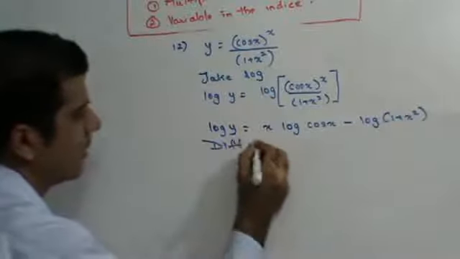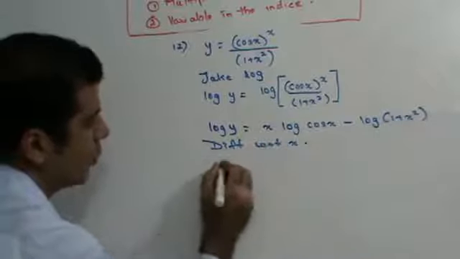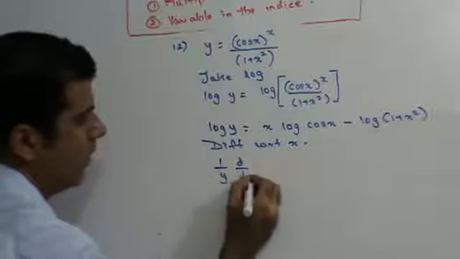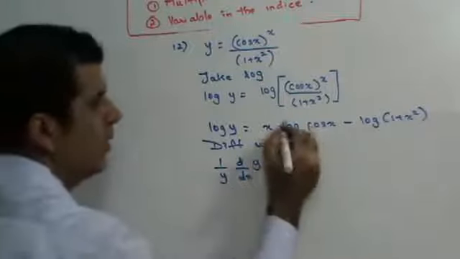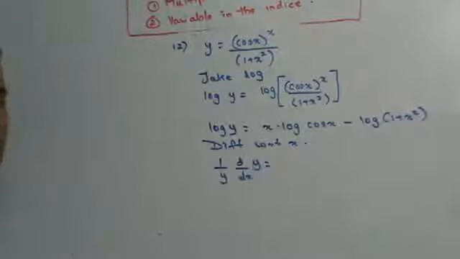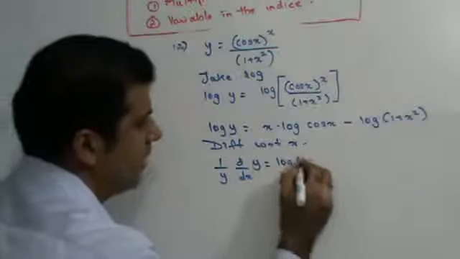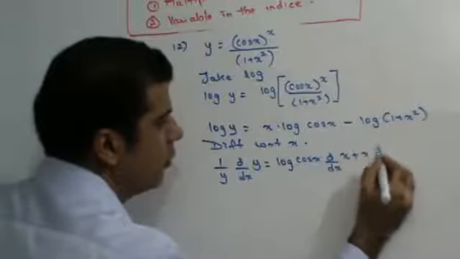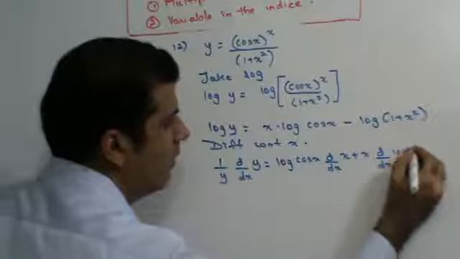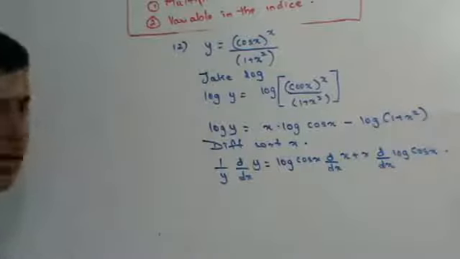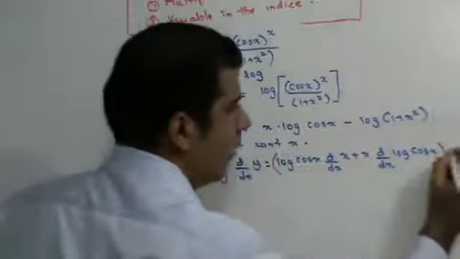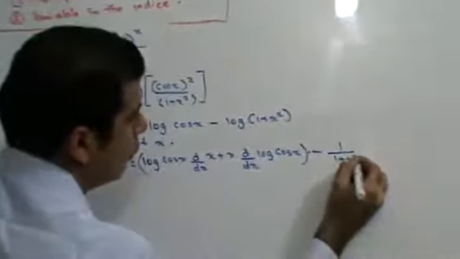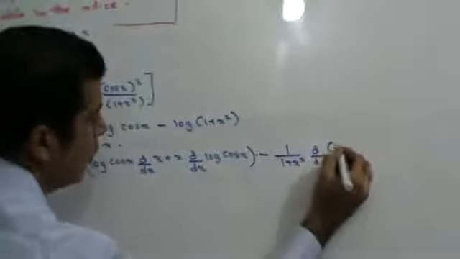Division changes to subtraction, the number in the indice goes before the log, right? Differentiate with respect to x. So you will get dy dx of log y is 1 upon y, dy dx of y. Here you will apply the uv formula. This is v derivative of u plus u derivative of v, right? Minus log u, 1 upon u, dy dx of u.